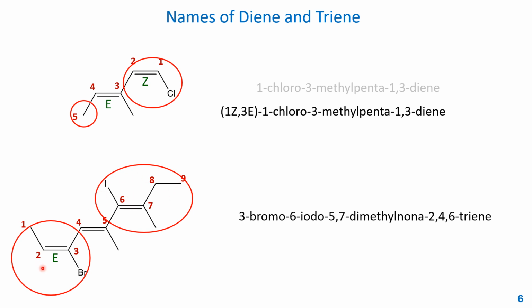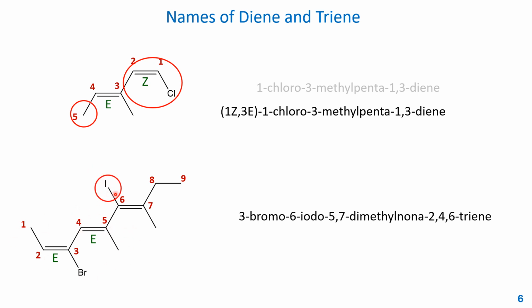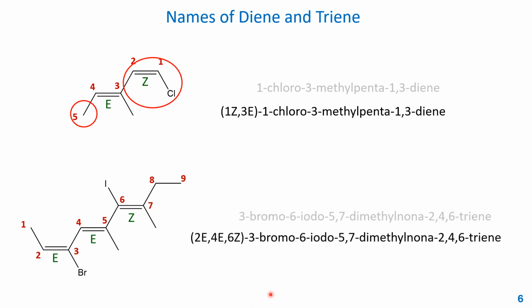They are on opposite sides of the double bond, so this is another E. Now the last double bond: iodo and this carbon group, iodo is higher. Then methyl and ethyl, where ethyl is higher, so this is Z. So the final name will be (2E,4E,6Z)-3-bromo-6-iodo-5,7-dimethyl-nona-2,4,6-triene.